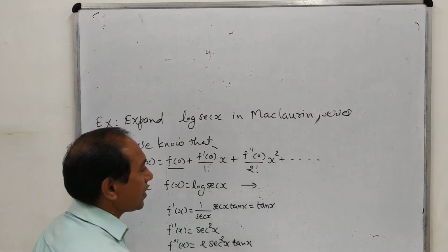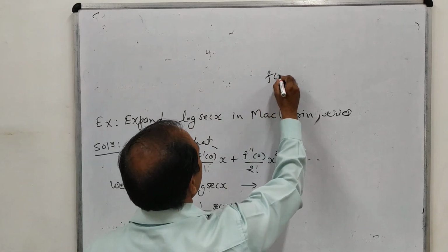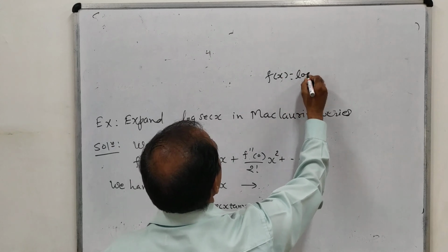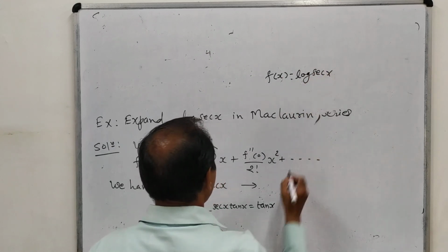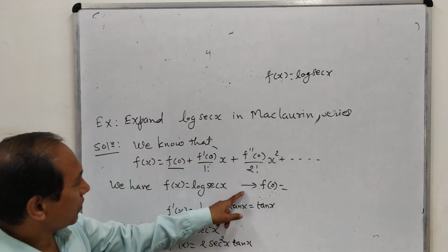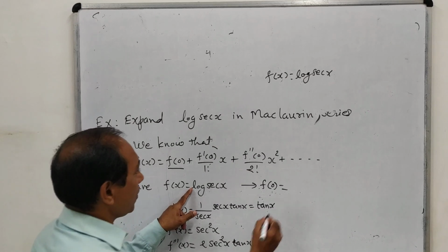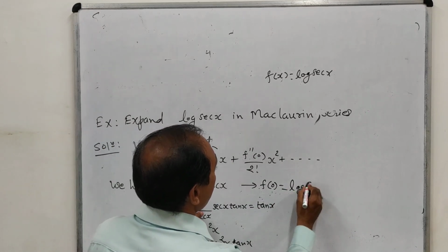So here you will write down an arrow. See what mistake some students make. When they write log of sec x, and we want to find f dash 0, actually we want to find f of 0. So we must write f of 0 equal to log of sec 0.